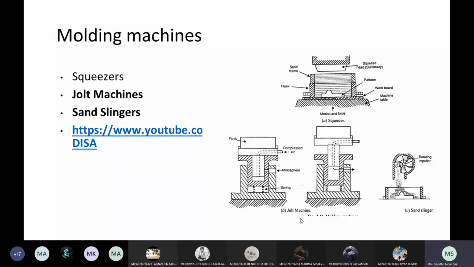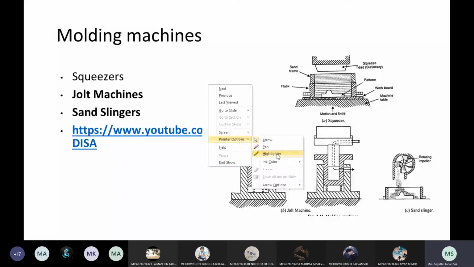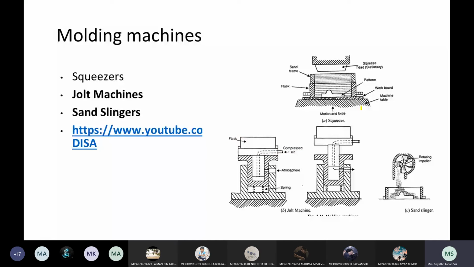If you see it in the diagram here, this is a squeezer, right? The main parts of the squeezer: the first part is the machine table. The second one is the workboard, the board to hold the pattern. On the workboard there will be a pattern.